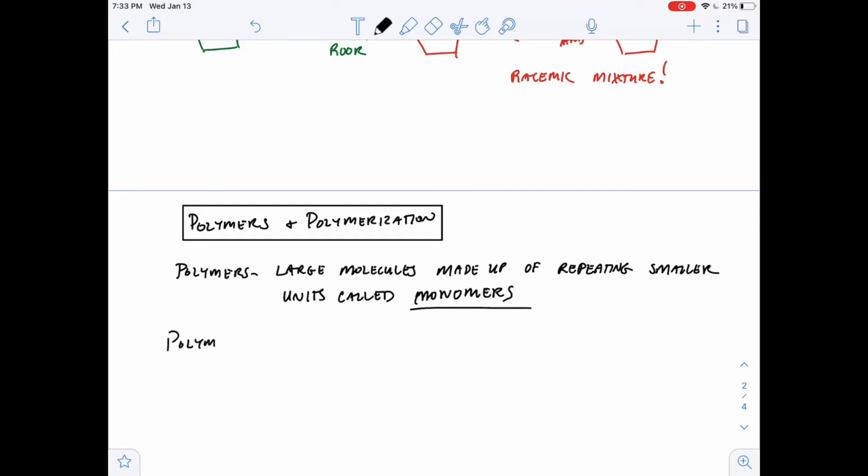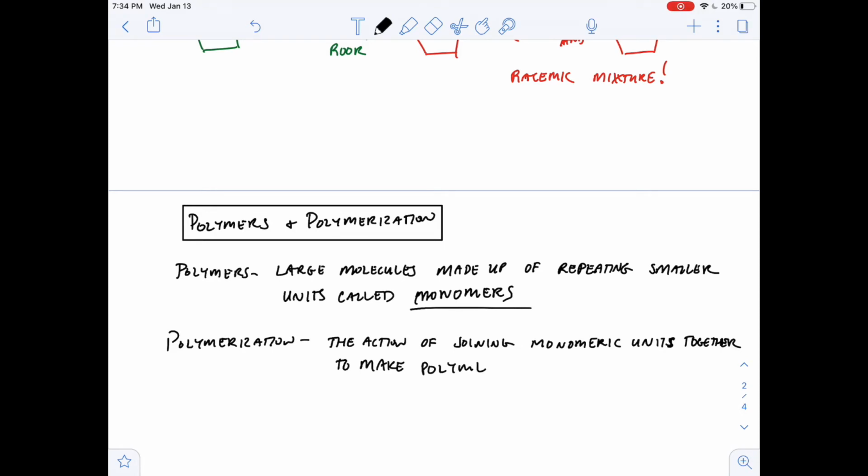You probably already know that from bio or something, because proteins are polymers of amino acids. But polymerization is the action of joining monomers or monomeric units together to make polymers.